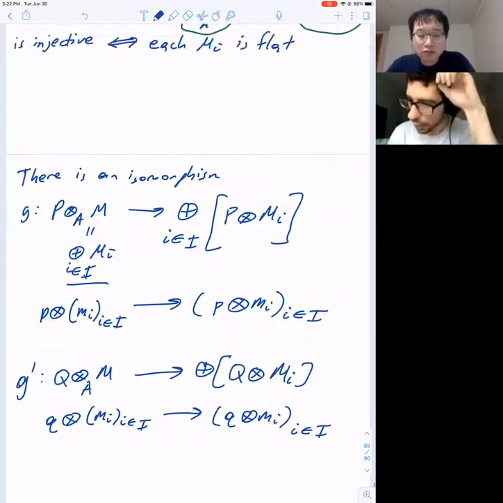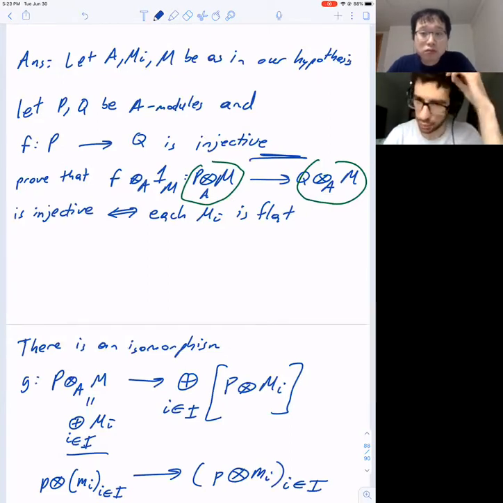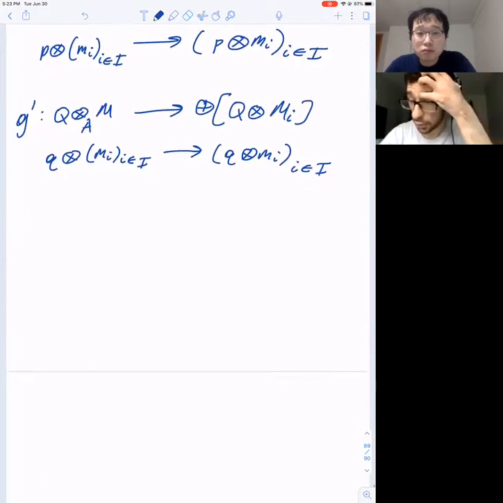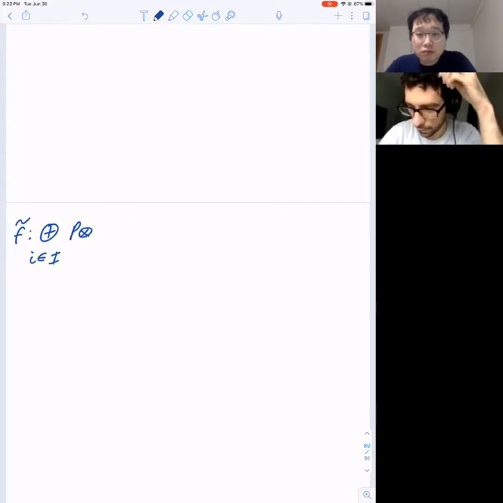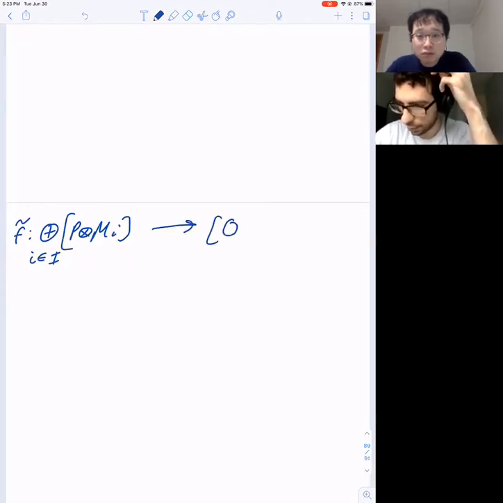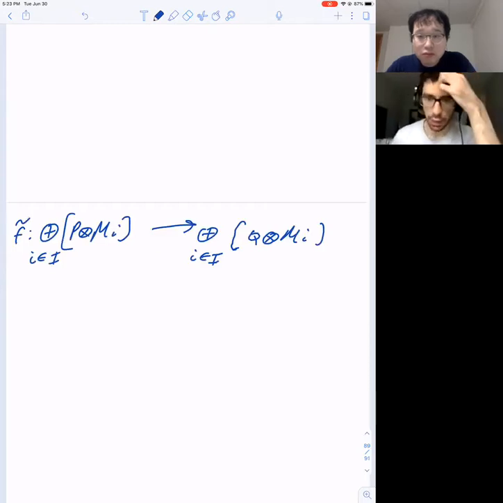So we had this map here. There's another map that's, again, a little bit easier to wrap our heads around. Let's start with this new map, F tilde. F tilde goes from this direct sum to this direct sum, and F tilde acts very naturally.